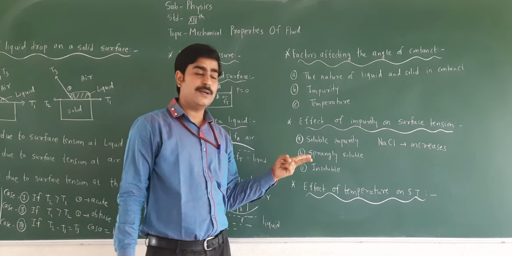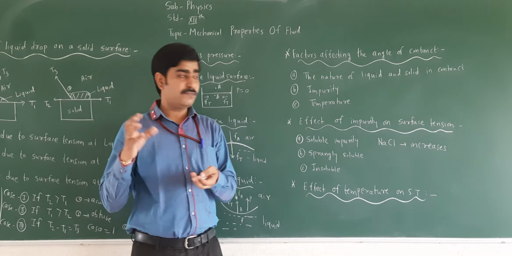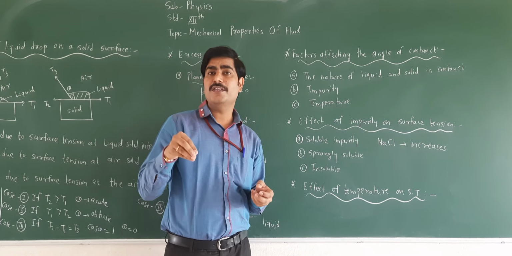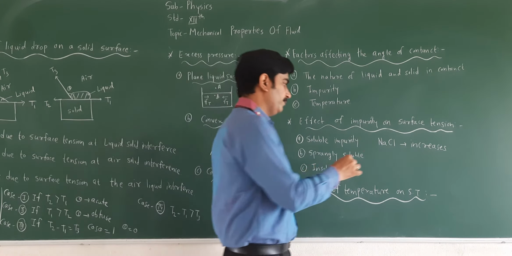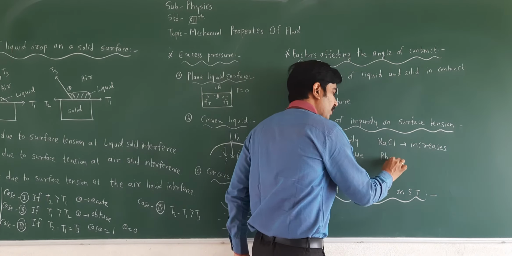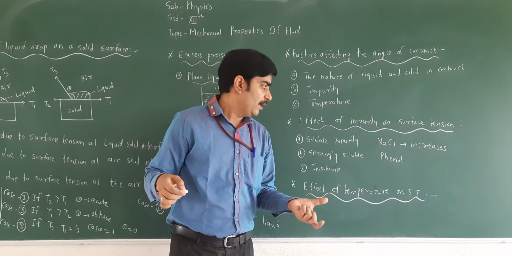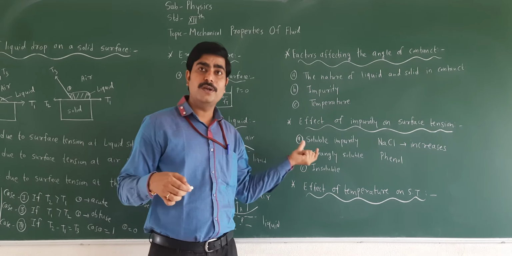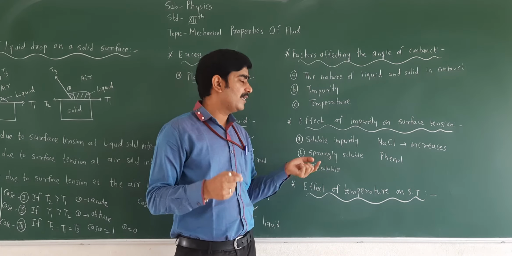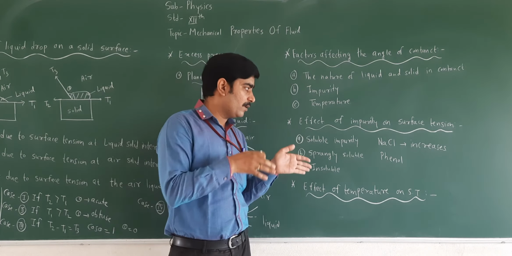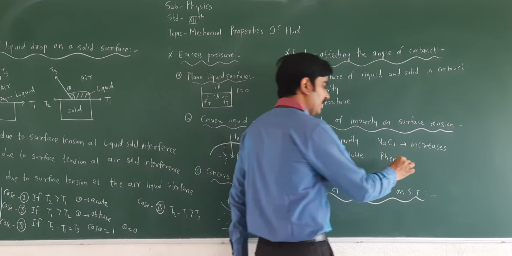Now you have to write the second point, sparingly soluble. Sparingly soluble means the material dissolves in the water only to some amount. Its example is phenol. You have heard the word phenol, which is used for cleaning purposes. So when a sparingly soluble material is added in the water, what will happen? Surface tension will decrease.